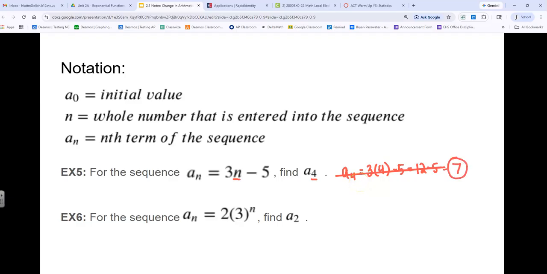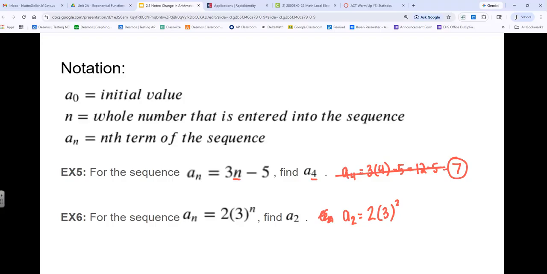There. So it's really a lot like function notation. It's just a different way of writing this here. A sub 2, I'm sorry, not n in that case. A sub 2 for this next one, we would do 2 times 3 to the second power.